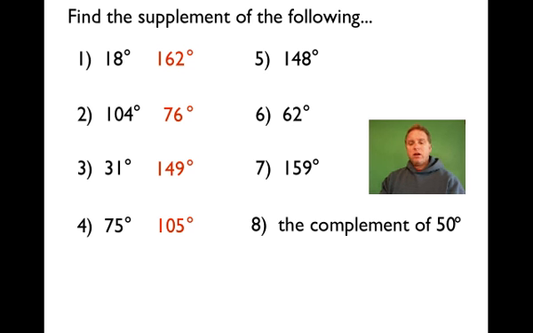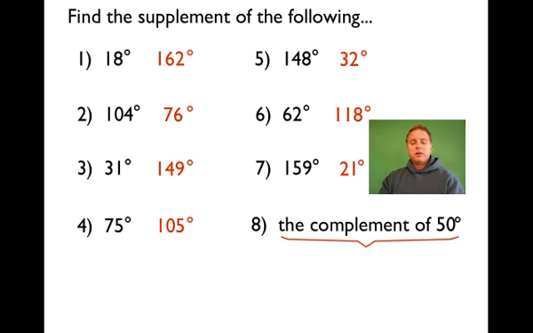Number 5, 148 degrees would be 32 degrees. Number 6, we have 118 degrees. Number 7, 21 degrees. And if you have questions on those, feel free to ask me either on Edmodo or in class the following day.